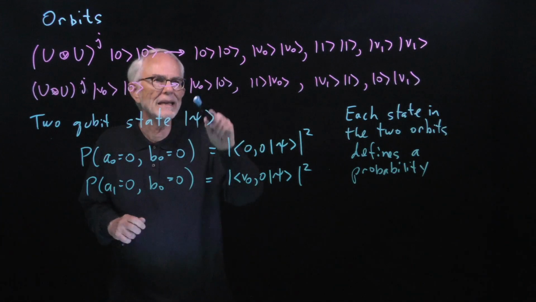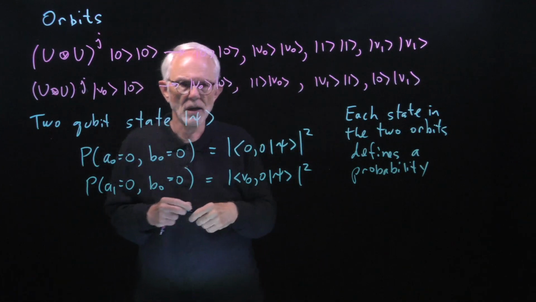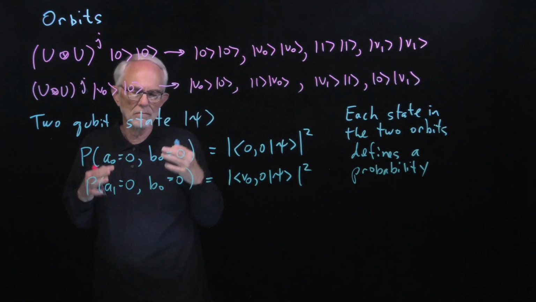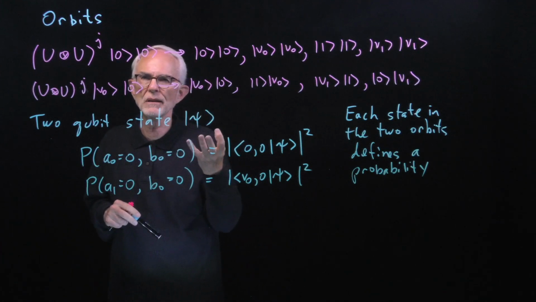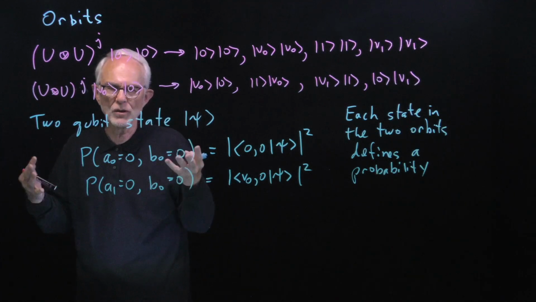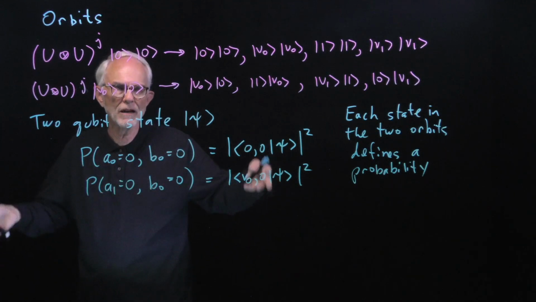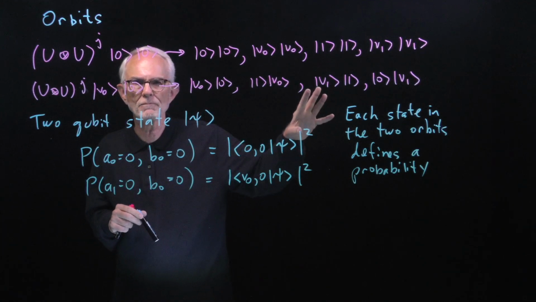We've got 8 elements in the 2 orbits together, 4 in each. So that means we have a total of 8 probabilities, and that's going to be the subset of probabilities that we talked about earlier. Remember, we said the Bell inequality is going to be some subset of probabilities that, when you add them all up, has to be less than something.